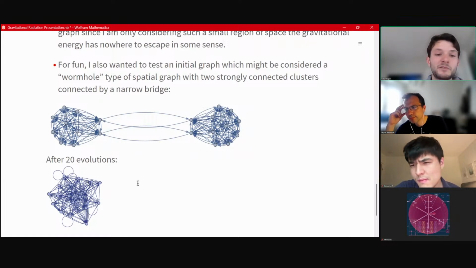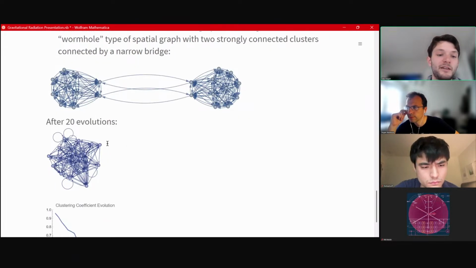And so I was pleased with this because wormholes are something that have been studied in general relativity, and it's pretty much been found that if you were to construct something that resembles a wormhole, you wouldn't be able to travel through it because it would just collapse so quickly that there wouldn't be enough time to travel through it.